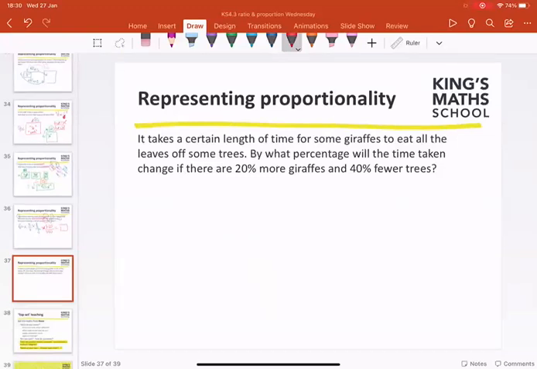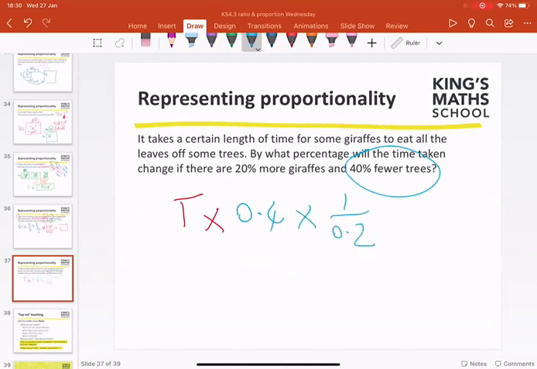Well, again, let's do it procedurally. So here's the time. Now, if there are fewer trees, they're going to take less time to eat it. And if there are more giraffes, they're going to take less time as well. So it's an inverse scale factor for the giraffes. Sorry, it's 20% more giraffes, so that should be a 1.2.